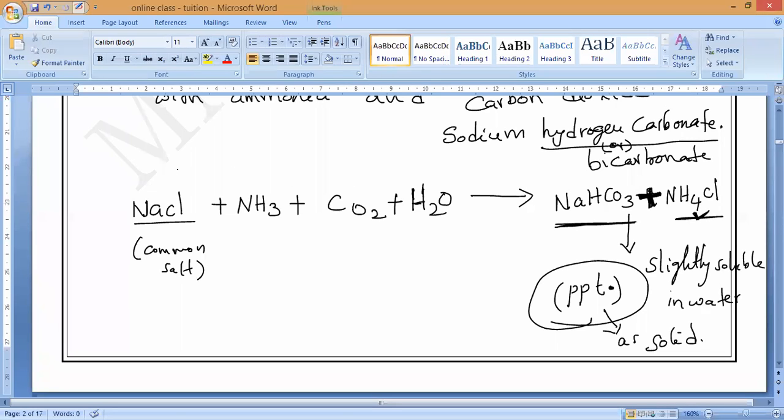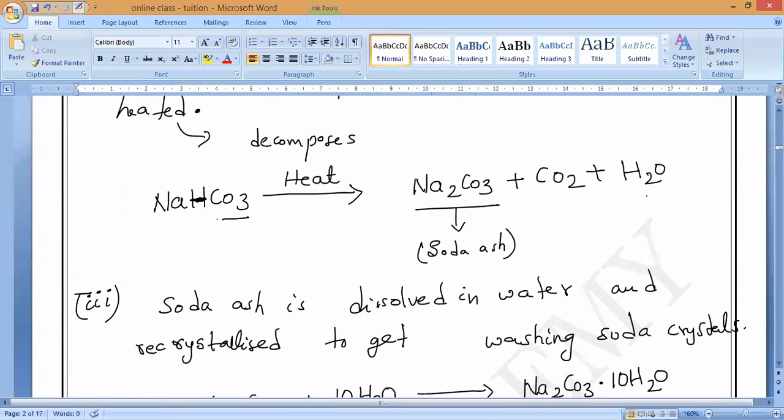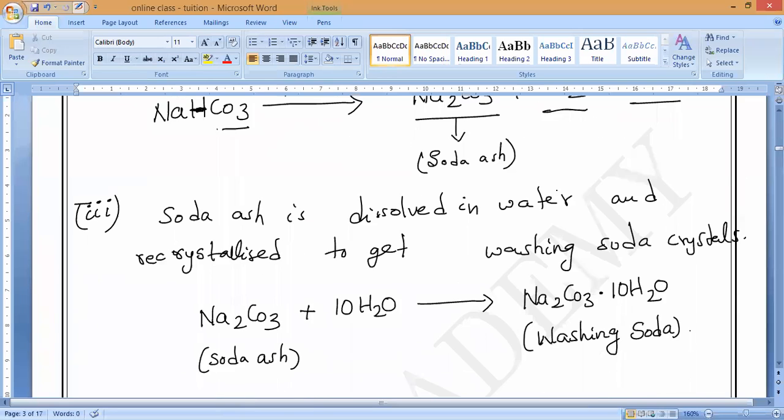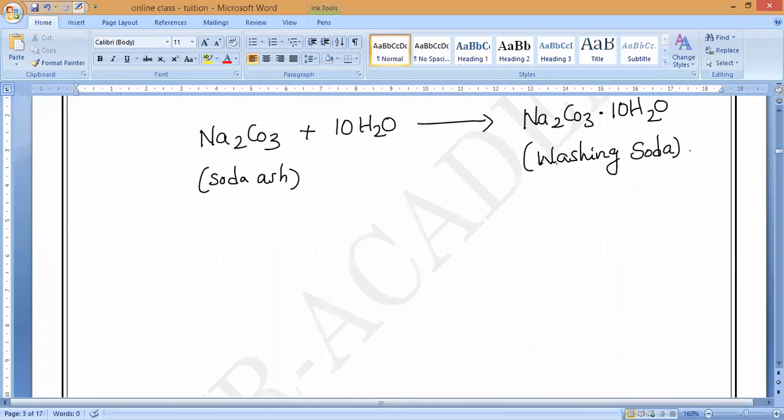Those are called reactants or raw materials. This is the byproduct in step 1. Step 2, what are the byproducts? Carbon dioxide and water. Na2CO3 is the main product. Byproducts means extra products that come along with our main product. Okay?